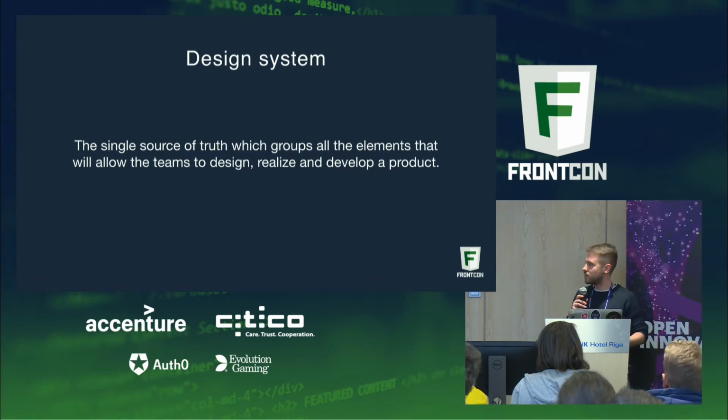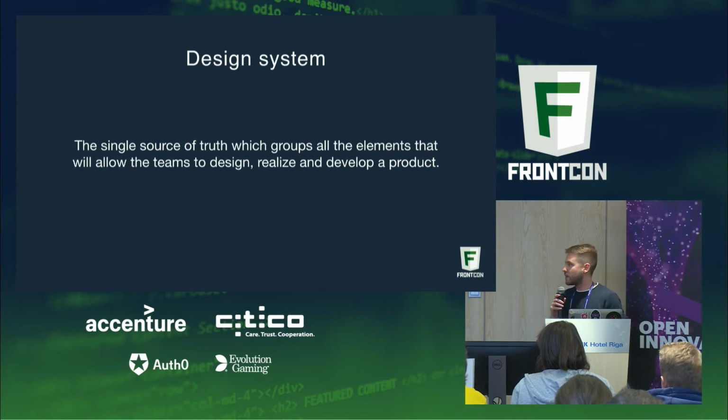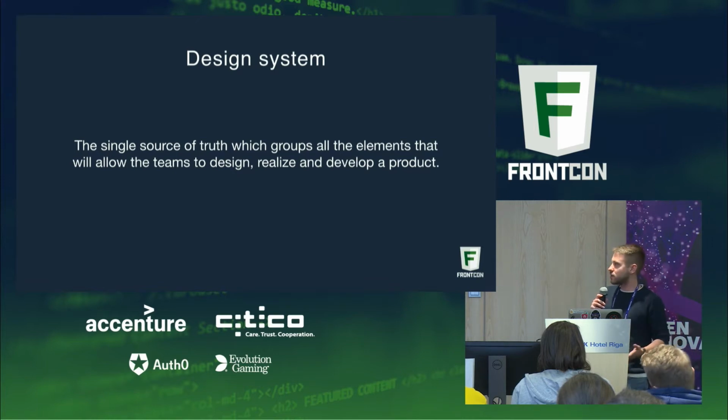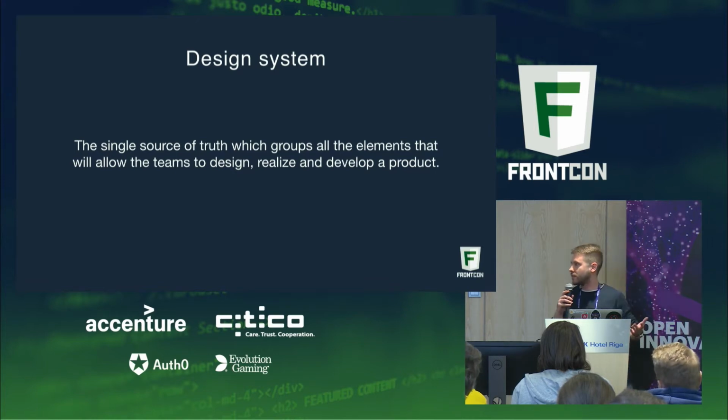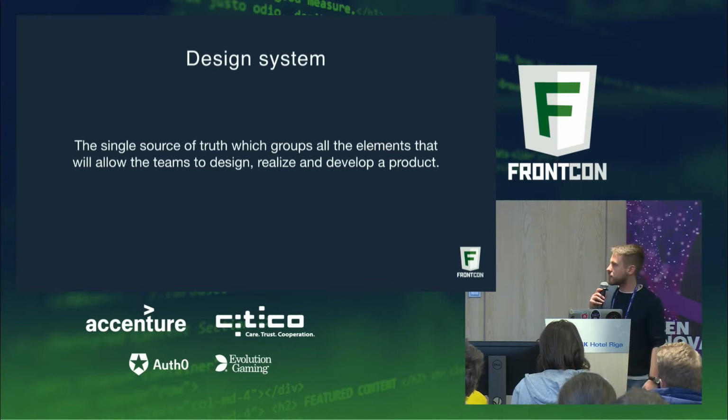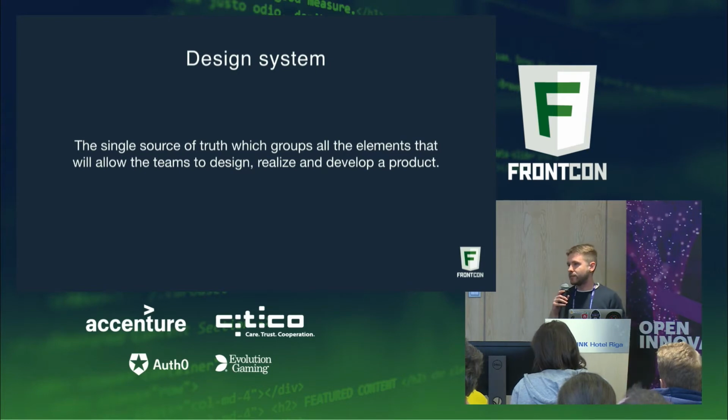It consists mainly of tangible and non-tangible elements, where the tangible elements would be something like a style guide, pattern library, components, buttons, whatever, and the tools that we use. You can use Adobe XD, you can use Sketch. This is all part of a design system. But also some non-tangible elements, like mission, goal, vision. All of these things belong there.